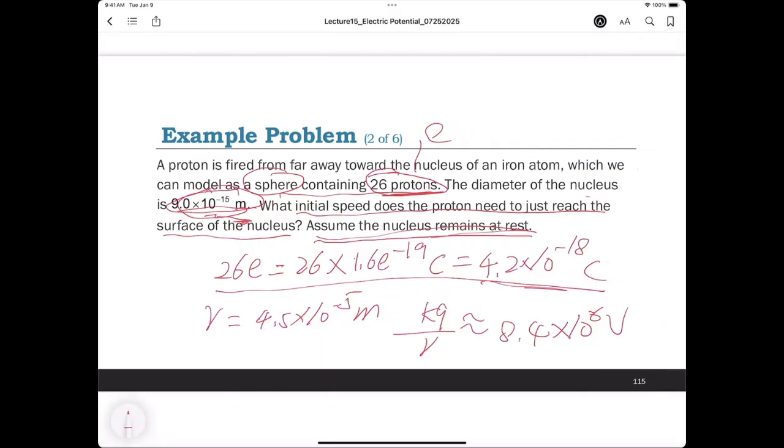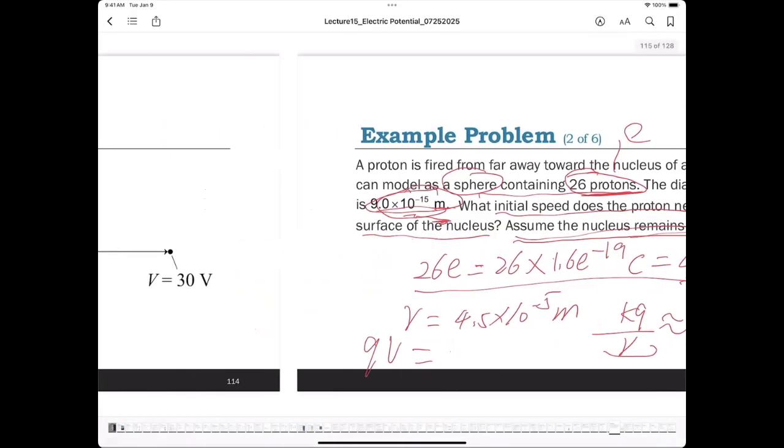This is the final result, the electric potential. And the electric potential energy is equal to what? It is equal to QV.